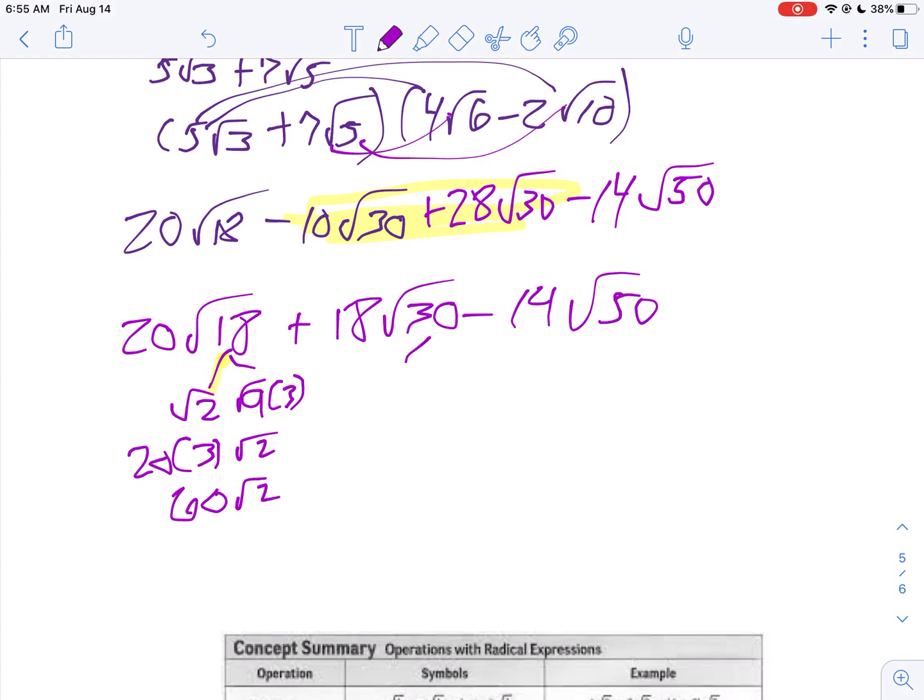So the square root of 30 is the square root of 2 times the square root of 15. The square root of 15 is the square root of 3 times the square root of 5. Oh, that doesn't simplify, does it? 2, 3, and 5, none of them are the same. So that is simplified already. It's 18 radical 30. So if you see 30, no, you can't simplify that.